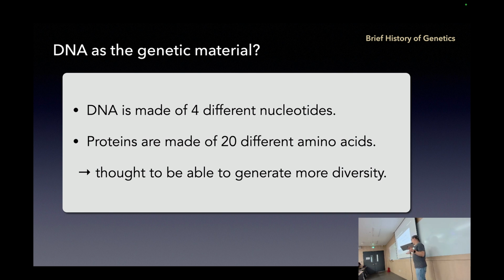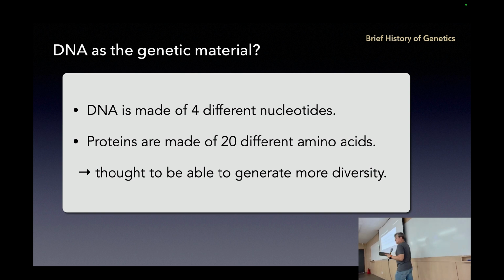Nobody. What about the 20? What's the combinatorial difference, the different possibilities? If you generate different genes through different combinations of the 20 amino acids, it's huge. So protein should obviously be the genetic material, almost everybody thought.